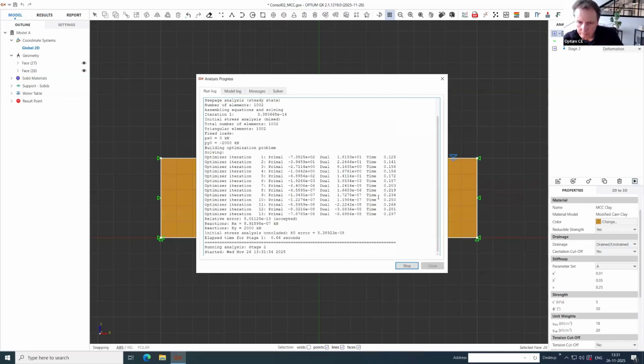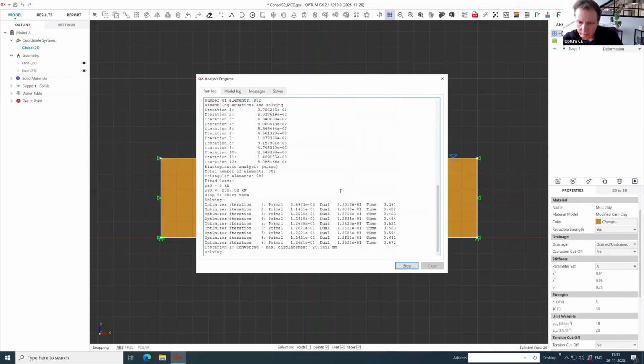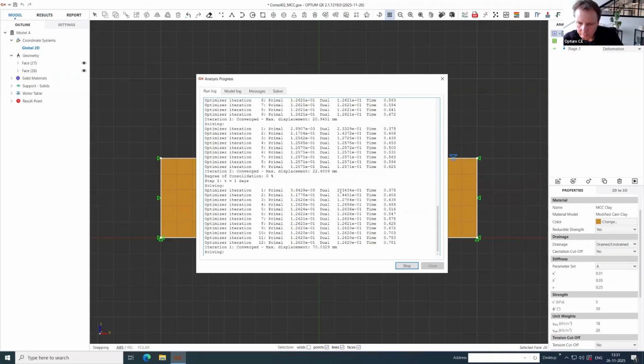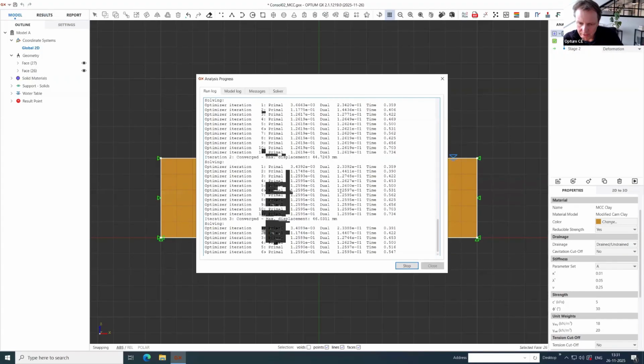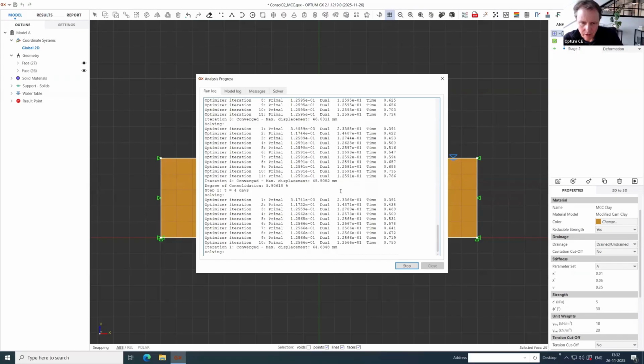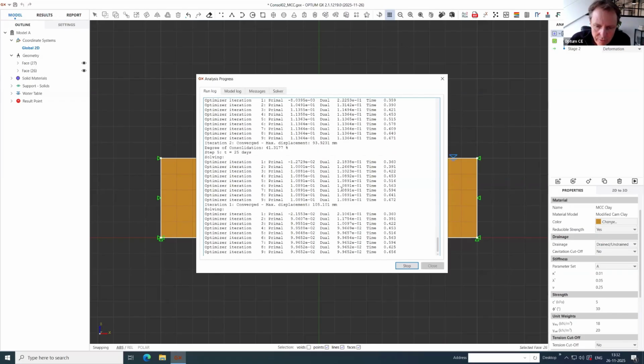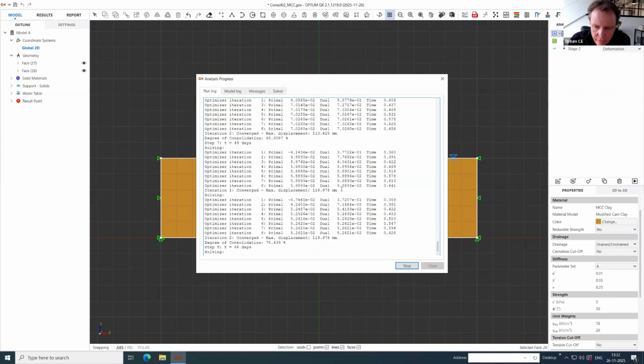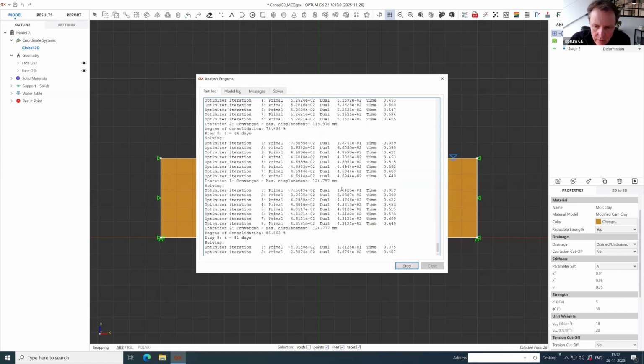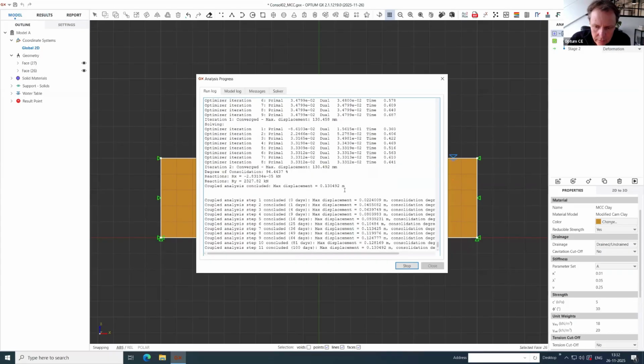And then let's just run that as well. The modified Cam clay typically takes a little bit longer to run than the Mohr-Coulomb. Some iterations are needed in each step, and the equations are generally a little bit heavier, but I don't think it's too bad.